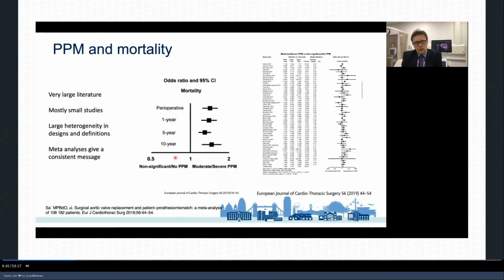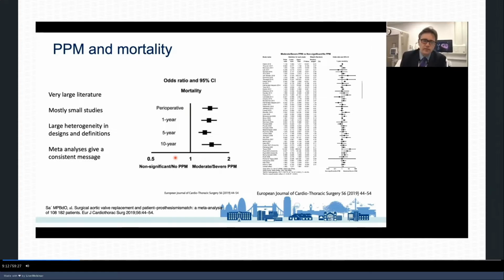So coming to the specific issue of patient prosthesis mismatch. Now, this is something which over the years people have debated backwards and forwards, and there's a vast amount of data, and I wouldn't expect you even to be able to read the forest plot on the right. But what you can see is, because there is a large literature and it's mostly small studies, this is the ideal situation for a meta-analysis. And there are a huge amount of meta-analyses out there.